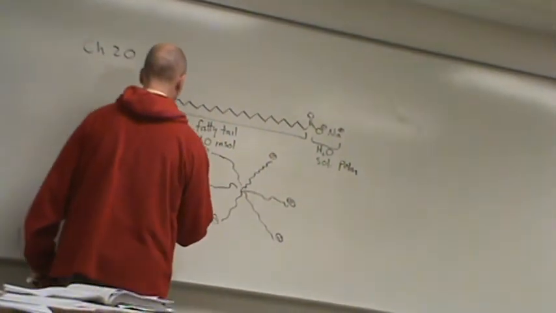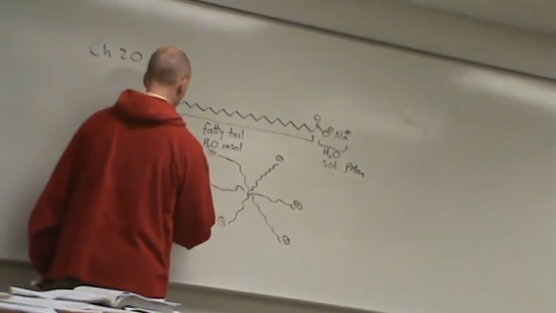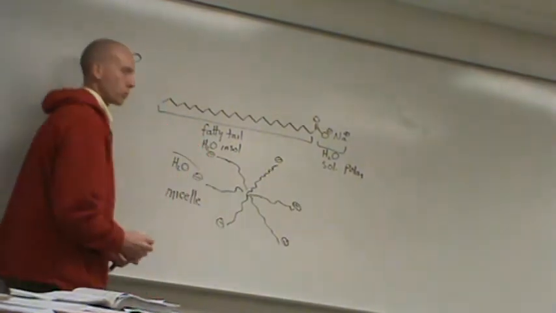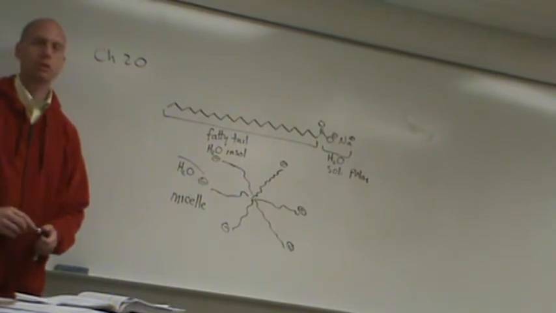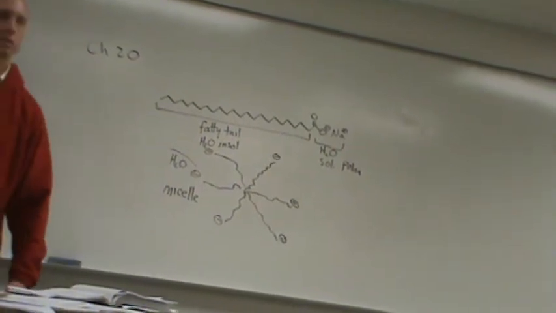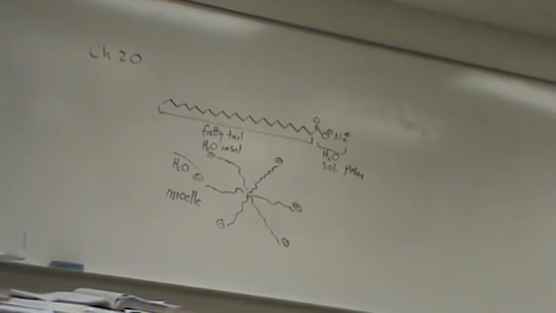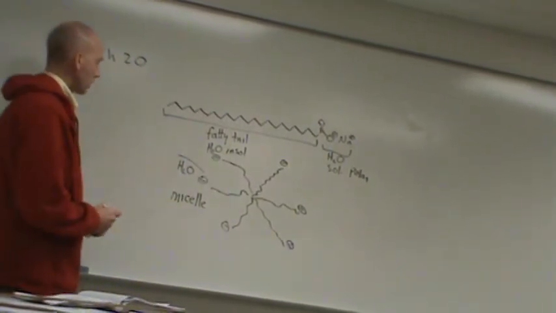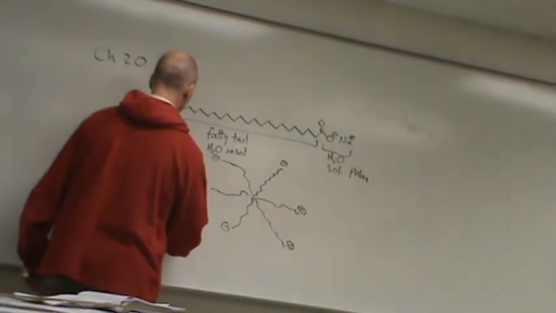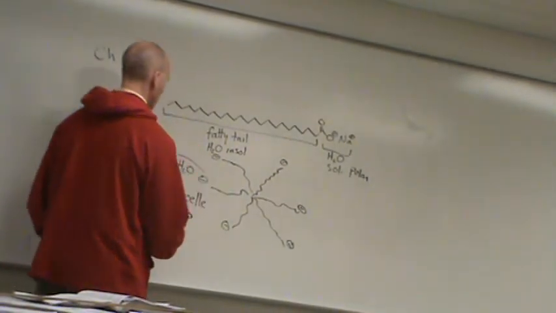And this structure here is what's called a micelle. Have you ever heard of a micelle? Biology? Have you heard of that yet? Okay. So that kind of thing forms, and this is how soap works.